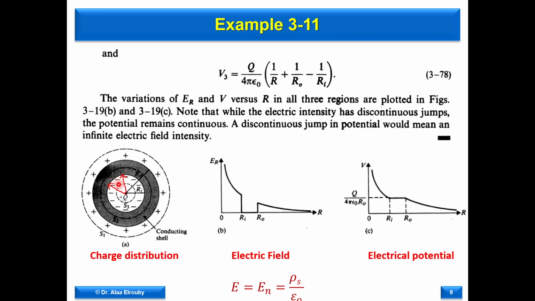Because we attracted negative charges to the inner surface, we will repel positive charge to the outer surface. The positive charges on the outer surface equal the same magnitude, which is plus Q, and they are uniformly distributed on the outer surface because of symmetry.